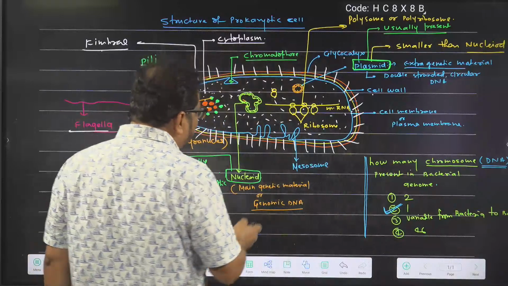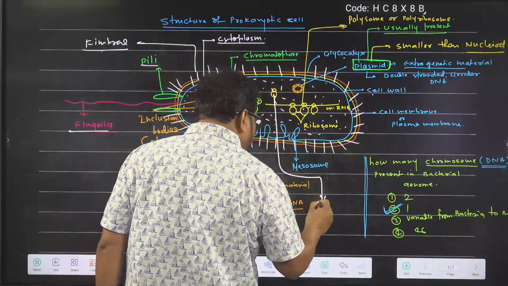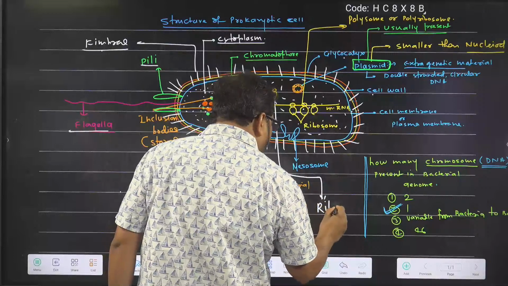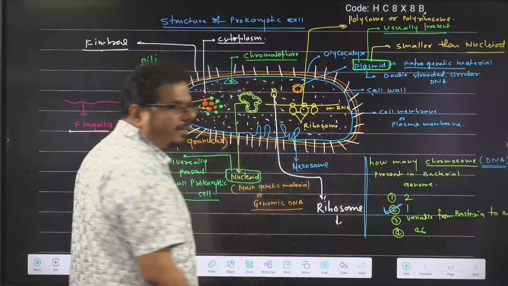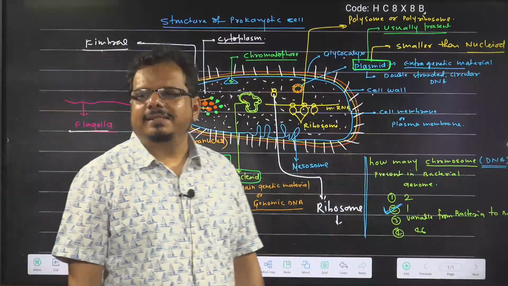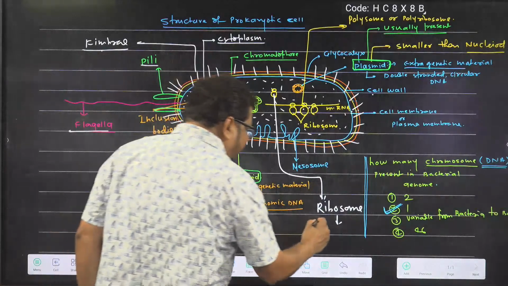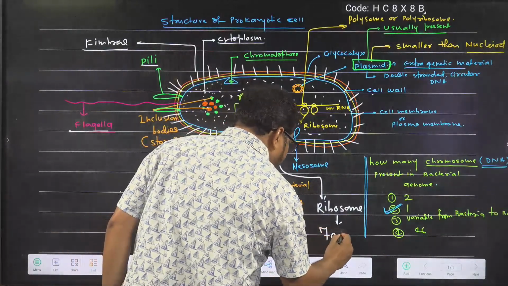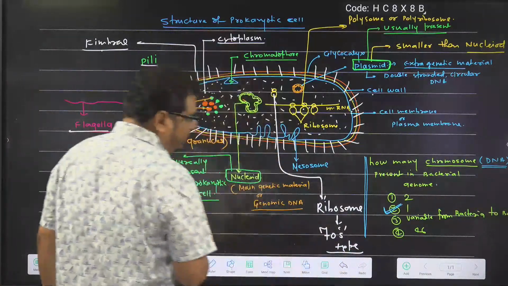If it is ribosome, can I ask which type of ribosome is there? I am writing here ribosome. 70S is there or 80S is there? Tell me, help me out. Which type of ribosome is present in the prokaryotic cell? Very good, well done. It is 70S type of ribosome. Got the idea?